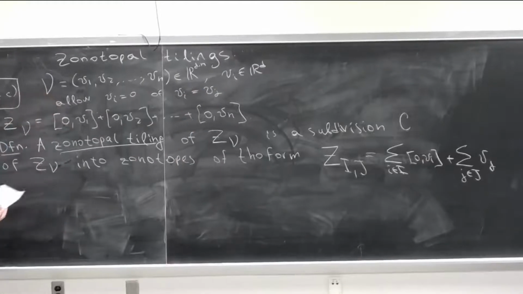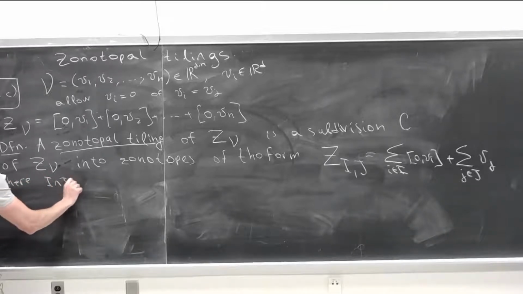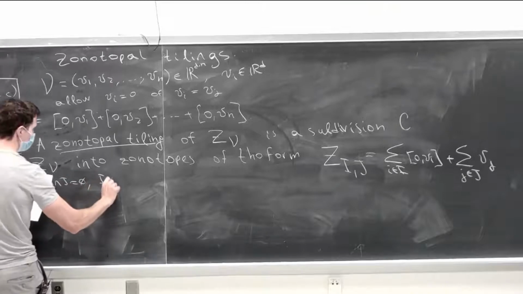That's one condition. Here I and J are disjoint. Both of them are subsets of [n].